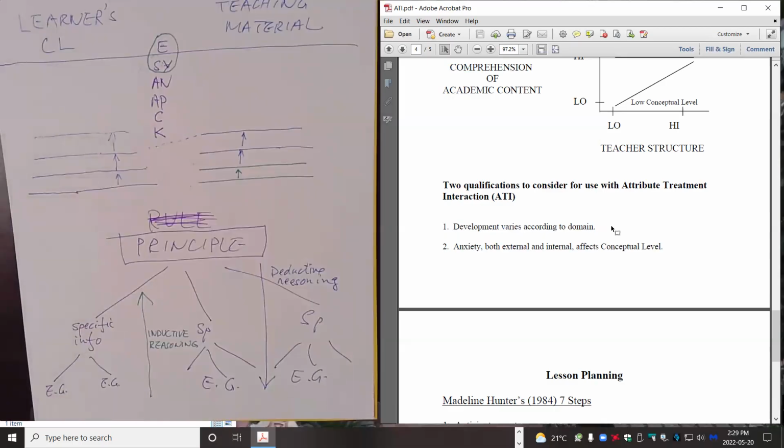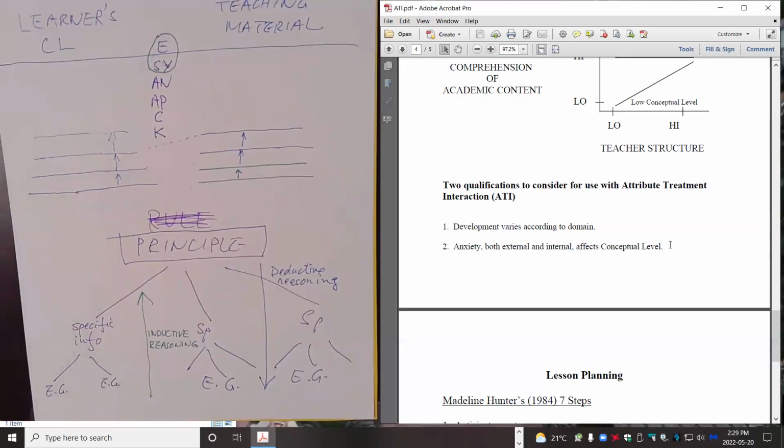This is typical of intellectual growth. Students who are fluent in English, very good in English, may struggle in mathematics. All right.